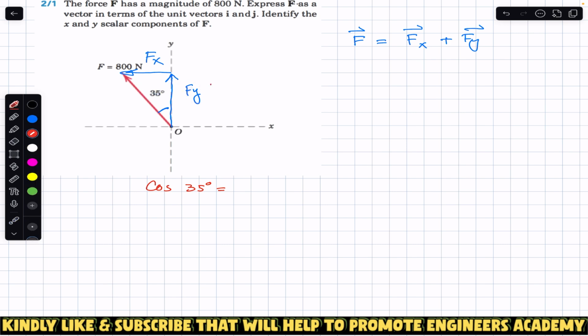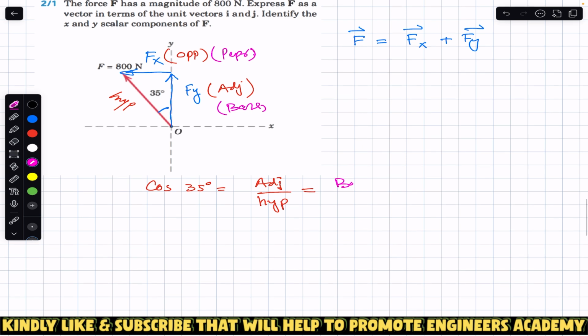Let me write that F_y is the adjacent side, this force F is the hypotenuse, and F_x is the opposite side to the angle. So cos of 35 is the adjacent side of the angle divided by the hypotenuse. Sometimes this adjacent side is known as the base as well. So this is the base and the opposite side is the perpendicular.